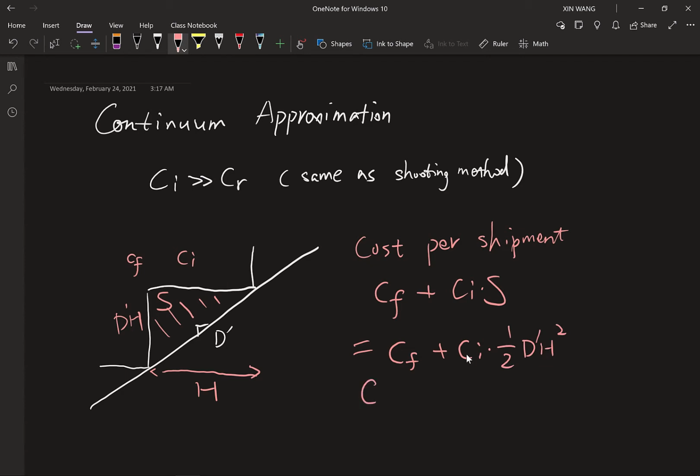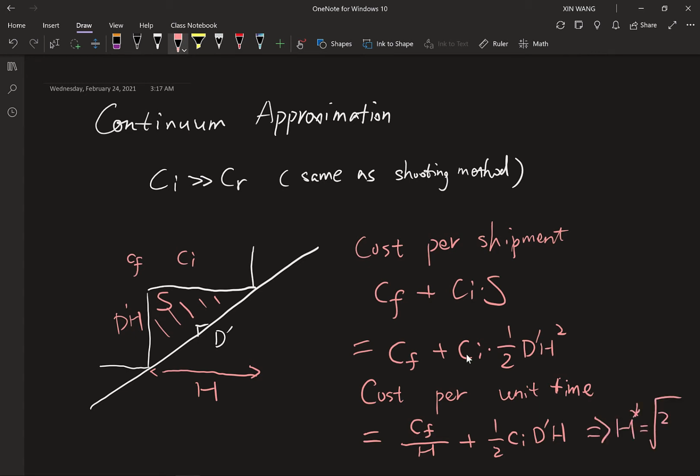So we will convert this cost per shipment to cost per unit time. Then we just need to divide the cost per shipment by the headway. So this gives us, okay. And then this is definitely an EOQ form. We can get the optimum headway given by the EOQ form. You can double check this result with our one-to-one system with constant demand rate case.